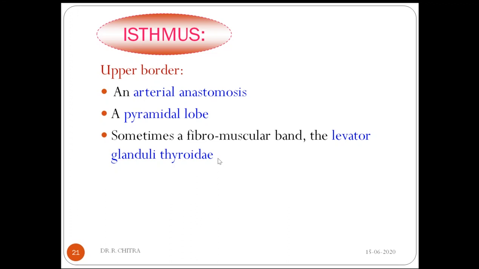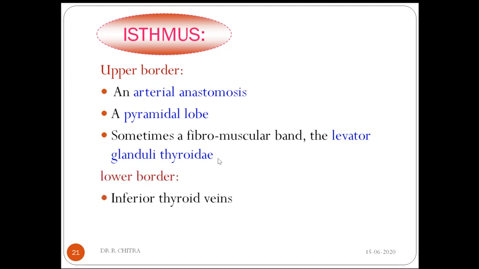Sometimes a fibromuscular band called levator glandulae thyroideae may extend from the hyoid bone to the isthmus or to the pyramidal lobe. These muscles are striated muscles, and it is supplied by the external laryngeal nerve. Students should note this levator glandulae thyroideae is not a part of the thyroglossal duct. When it is present, it is a separate fibromuscular band which has developed, and it does not come under the thyroglossal duct.